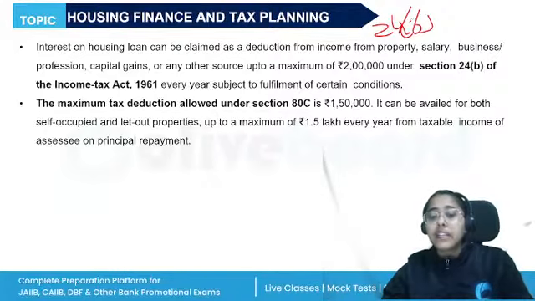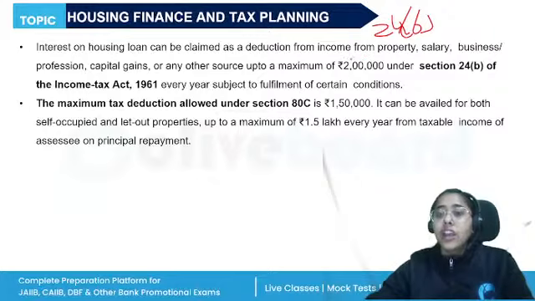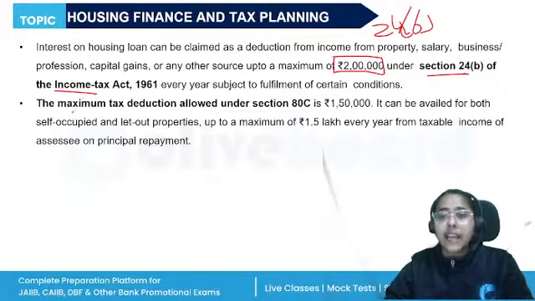But here what you need to remember is that a maximum limit has been set of rupees 2 lakhs under section 24B of the Income Tax Act. Right? So interest on the housing loan can be claimed as a deduction from the income on any of the property, salary, business, but the limit is up to rupees 2 lakhs.